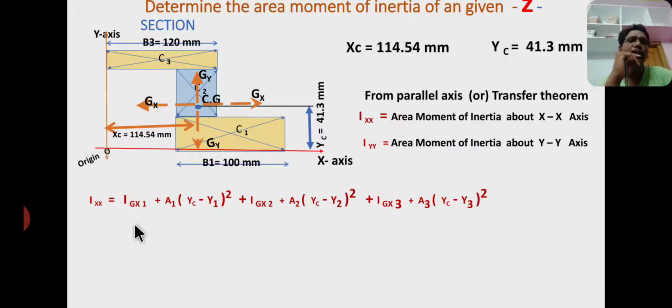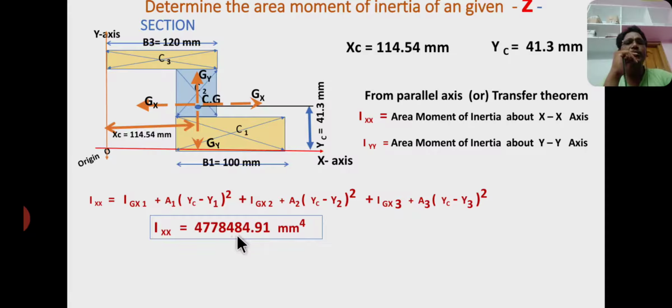We have already discussed Igx, whose value is BD cube by 12. Area 1, area 2, area 3 are the individual areas, yc is the centroid of the Z section, and y1, y2, y3 are the individual coordinates of centroids. The answer is Ixx equal to 4778484.91 mm power 4.